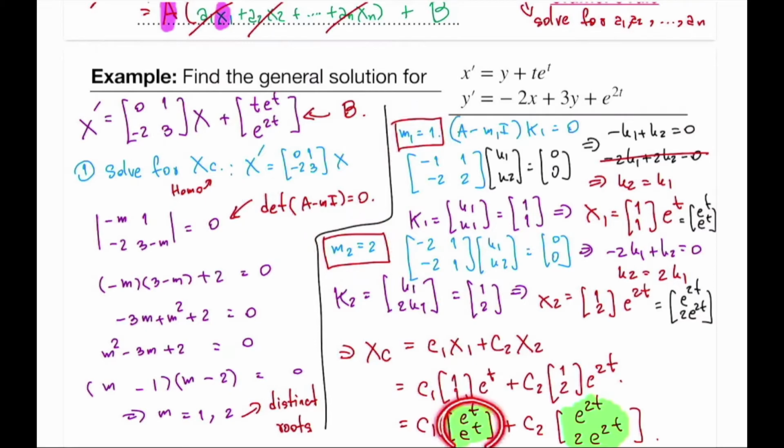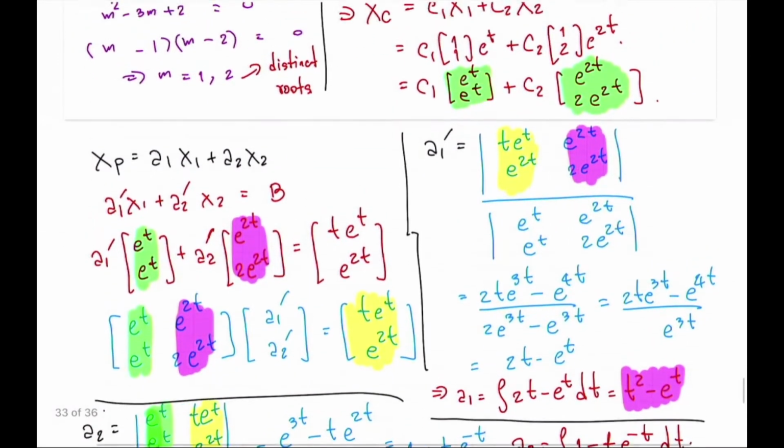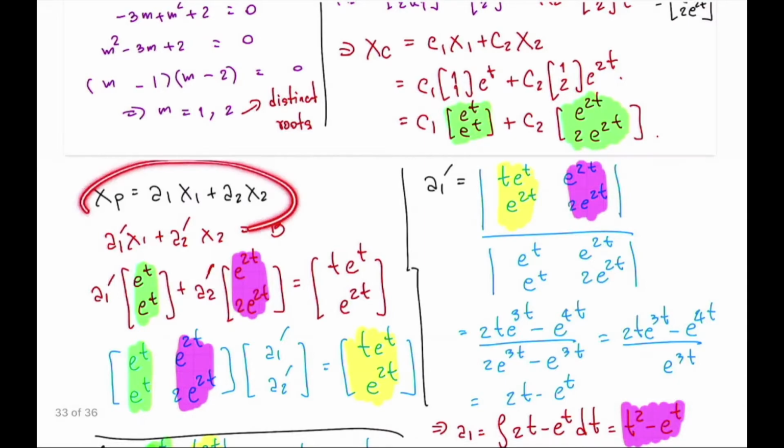Then you get x1 and x2. After that, you look at xp, which is a1 x1 plus a2 x2. And then you look at a1 prime x1 plus a2 prime x2 equals b. This is the most important equation that I told you, right?